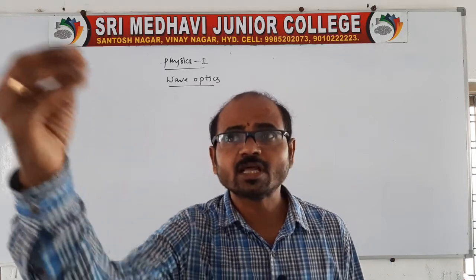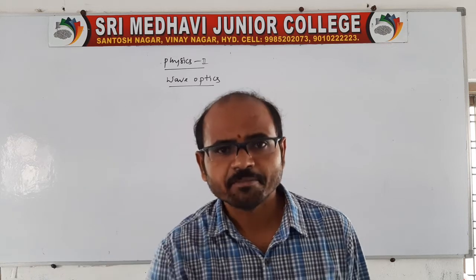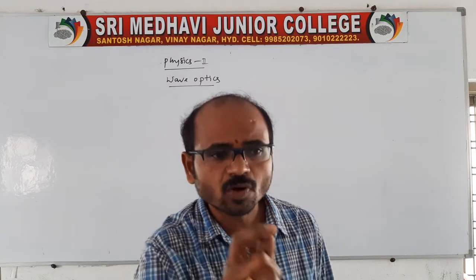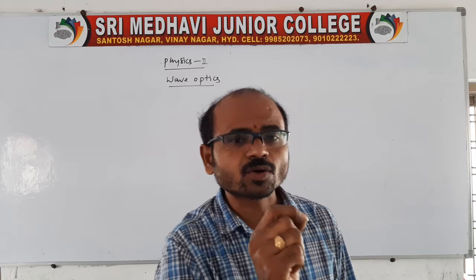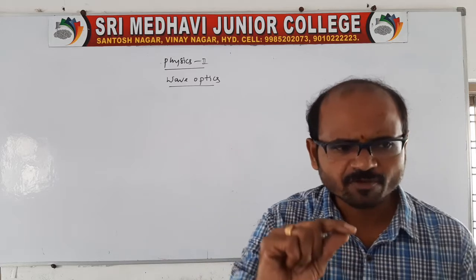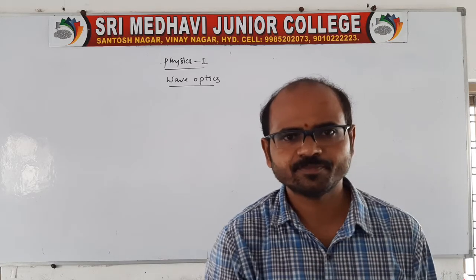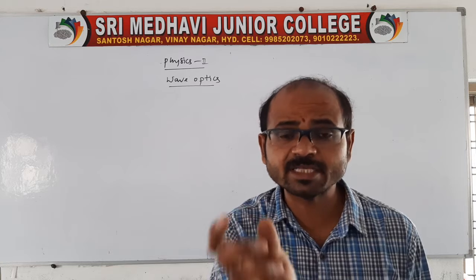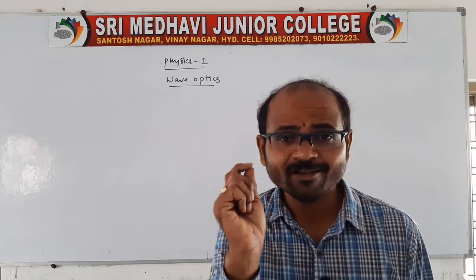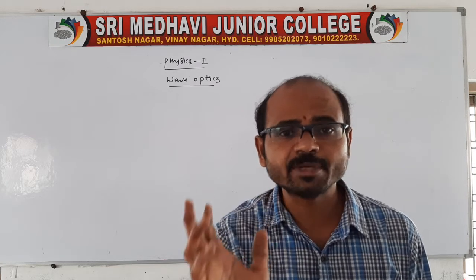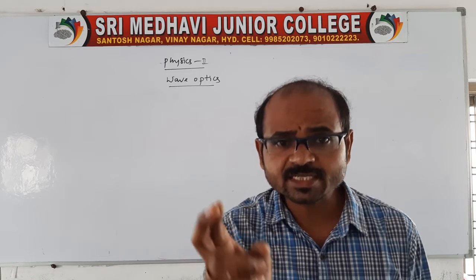The telescope is used to see long distance objects, the microscope is used to see small or closer objects, where very close images are formed. So our eye cannot resolve the two separate images, and an assist is required.